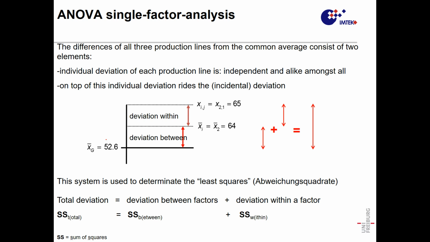You have your big mean, and they look how each of the means deviate from this big mean, and how each of these points deviate within, so how the points are deviating from each of the means, and how the means are deviating from this big mean.